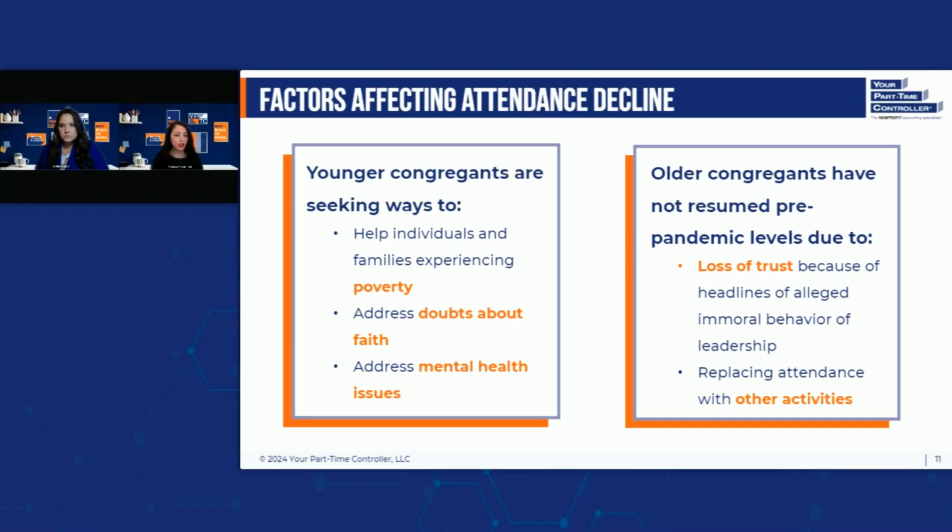The younger congregants are seeking ways to help individuals and families experiencing poverty, or their faith-based organization to address doubts about faith or mental health issues. Whereas older congregants mostly have not resumed pre-pandemic levels. Some of that in part is a loss of trust because of headlines of alleged immoral behavior of leadership, or they are simply replacing in-person attendance at their faith-based organization with other activities in their community.